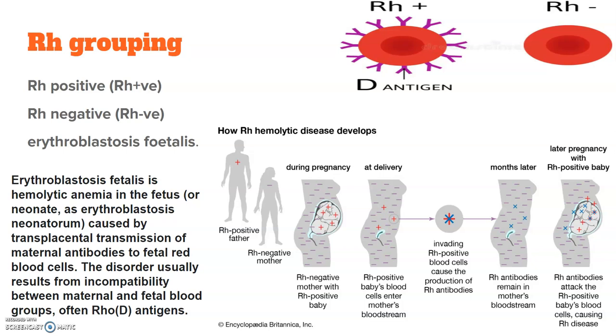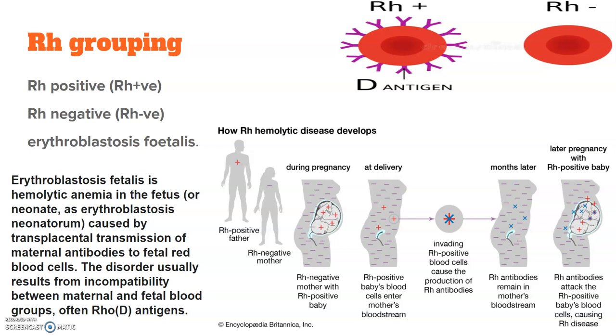You can see here in the picture an Rh positive father and an Rh negative mother, and the Rh negative mother has an Rh positive fetus. The Rh antigen of the fetus does not get exposed to the Rh negative blood of the mother in the first pregnancy, as the two bloods are well separated by the placenta.